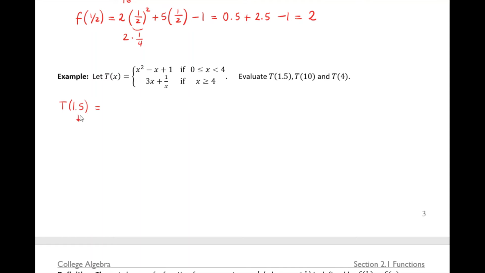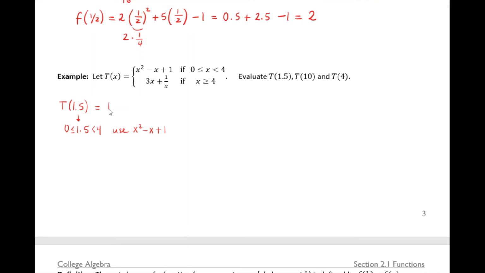Now look at this. 1.5 is between 0 and 4. See, I need to use the first function. So that means use x squared minus x plus 1. So it's conditional. That 1.5 goes into the first interval, so you need to use that one.